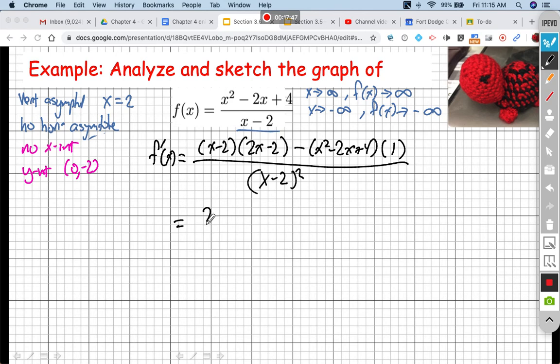So there I'm going to get 2x squared minus 2x minus 4x plus 4 minus x squared plus 2x minus 4.